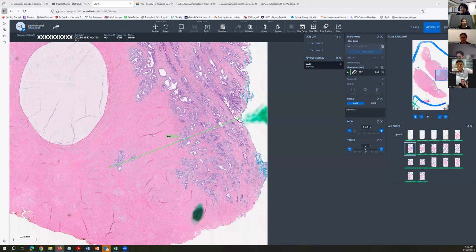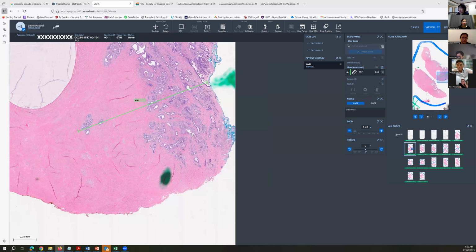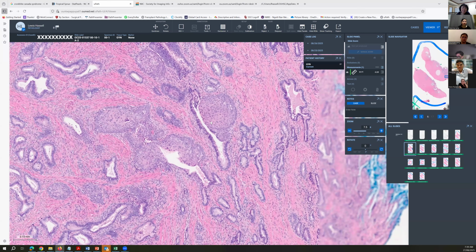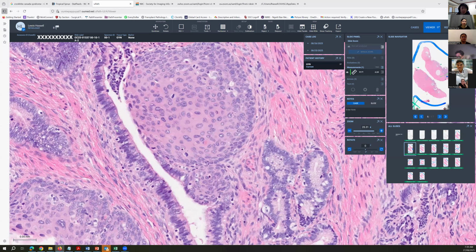There's one other very unusual feature here, and maybe some of you picked this out, but if you look here, even though we didn't have any surface squamous disease, here in some of these glands we have obviously solid squamous type epithelium right opposite of areas of adenocarcinoma as well.